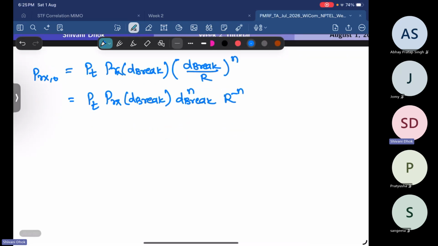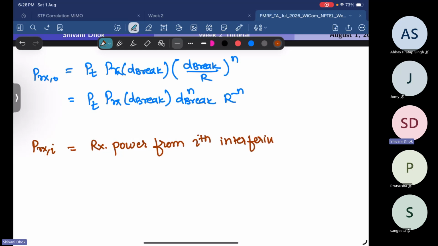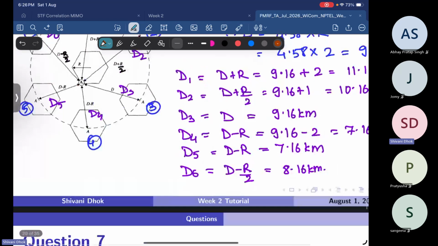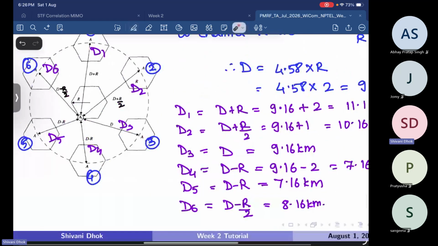Similarly, PRX of I, this is the received power from the ith interfering base station. So the distance of this particular user from, let's say, the second base station is this d2. So its distance from the ith interfering base station is basically di.